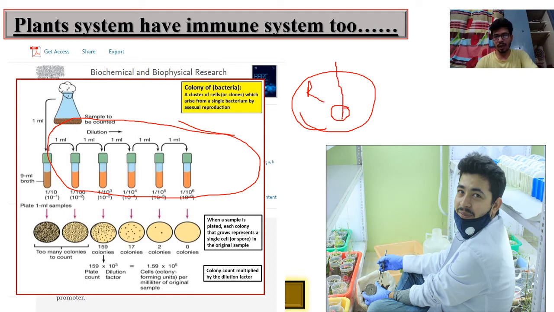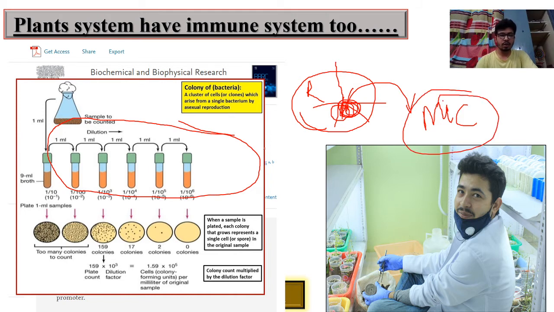When a plant is planted, the soil just beneath it, in the root region, contains a lot of microbiota. Microorganisms are abundant there. When you take 1 gram of that soil in 10 ml, that is called the stock preparation.